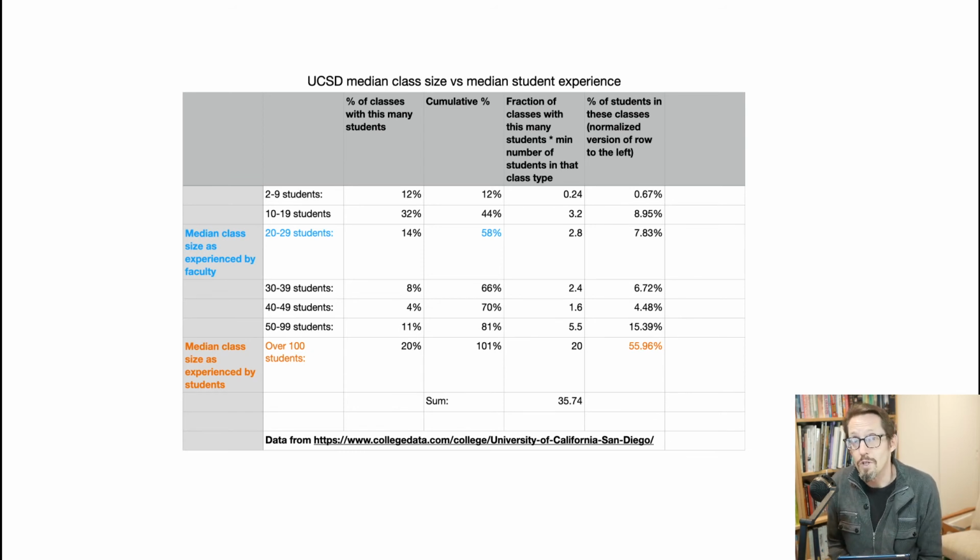But that's not what you, the students, experience. You, the students, experience a very different median class size. Why is that? Well, most of the classes are small by number of classes, but those classes are small. So most of those classes have very small numbers of students sitting in them.